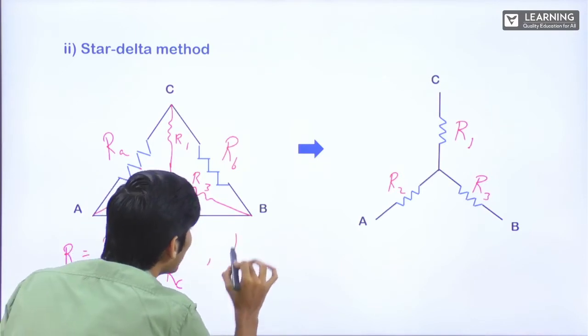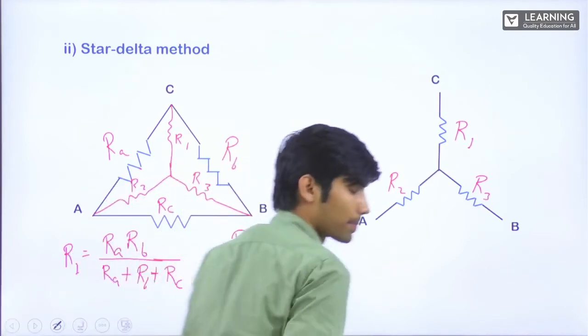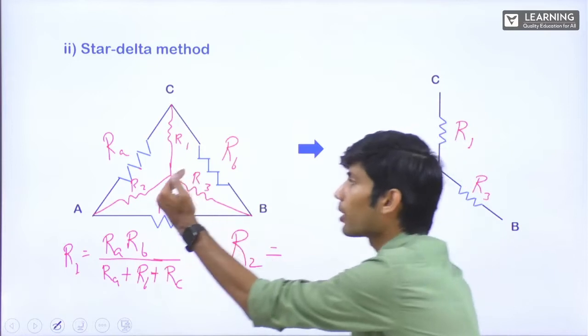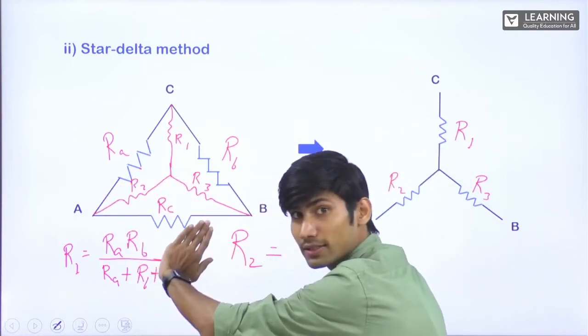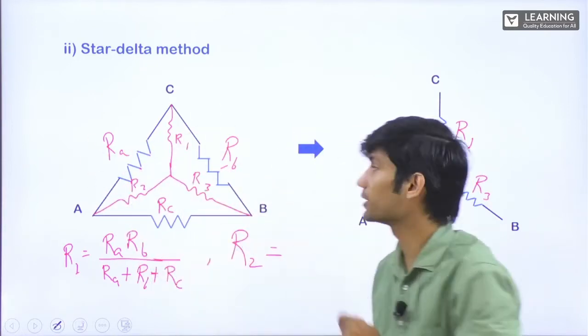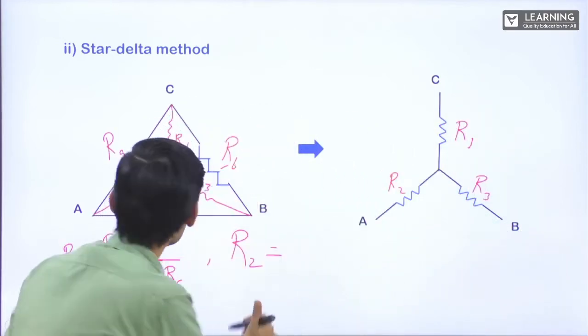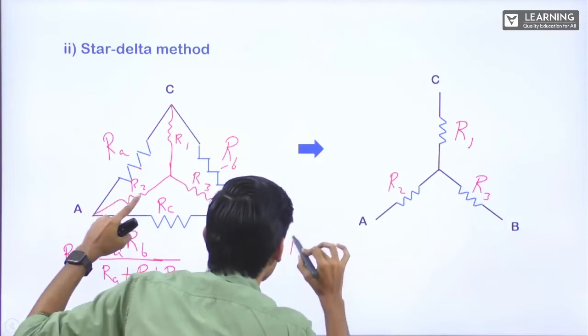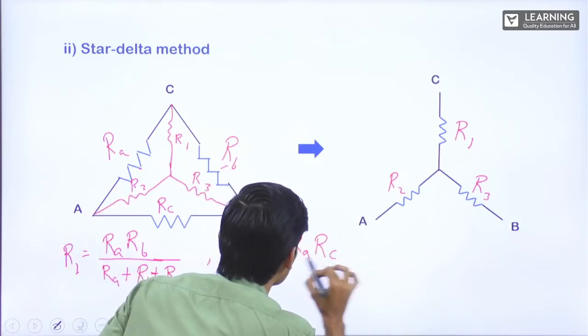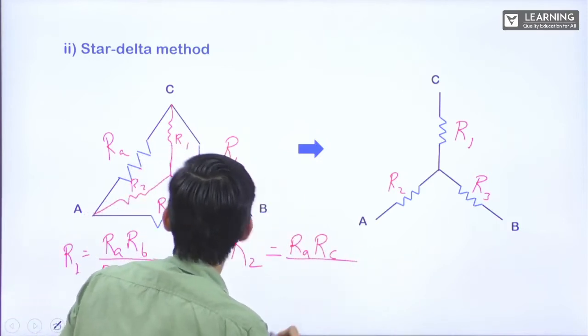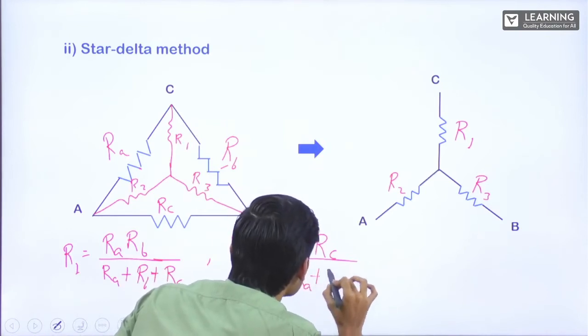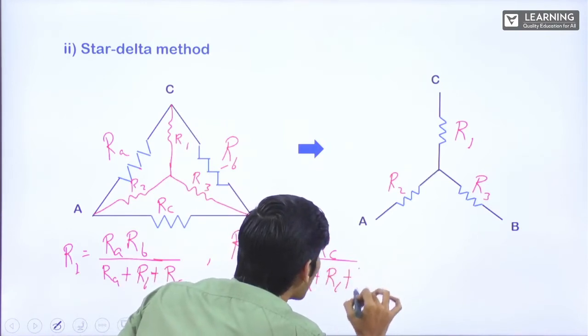Can you tell the formula for R2? Just see. Product of the neighboring resistances divided by the sum of all the three resistances. Clear? So here this will be RA into RC divided by RA plus RB plus RC.